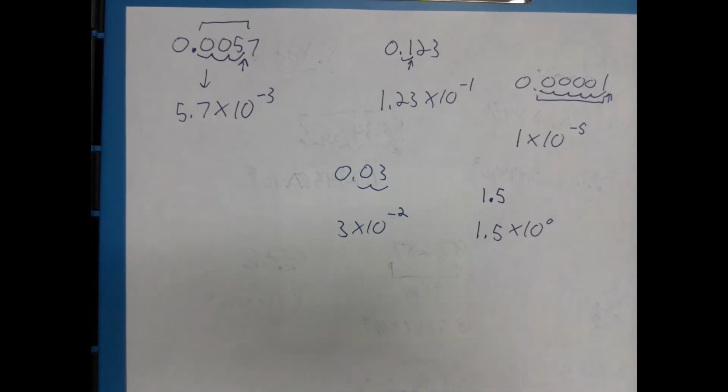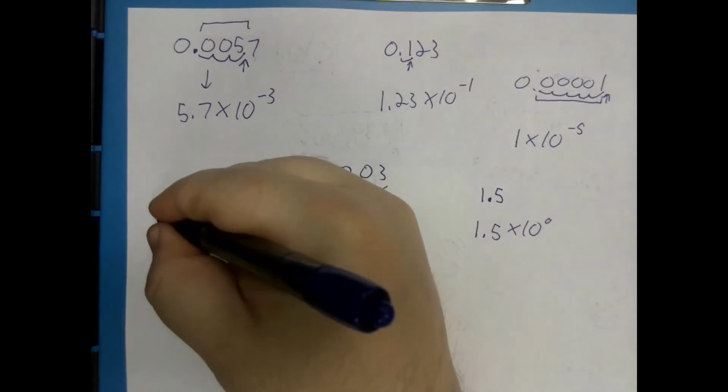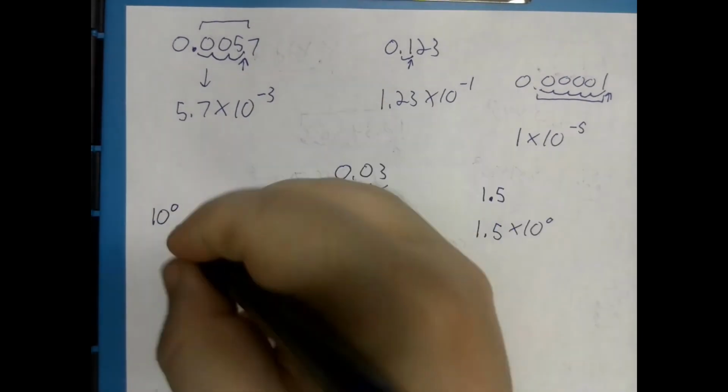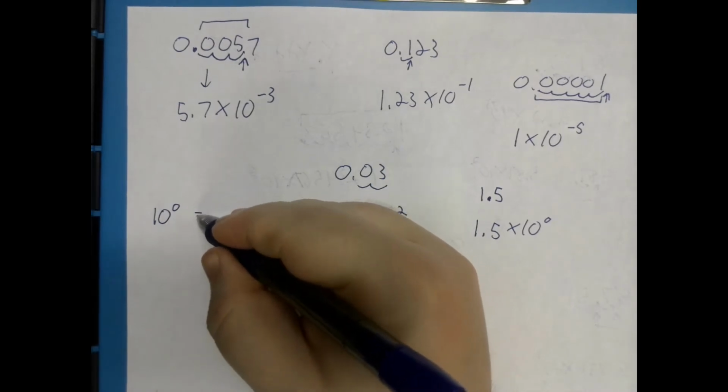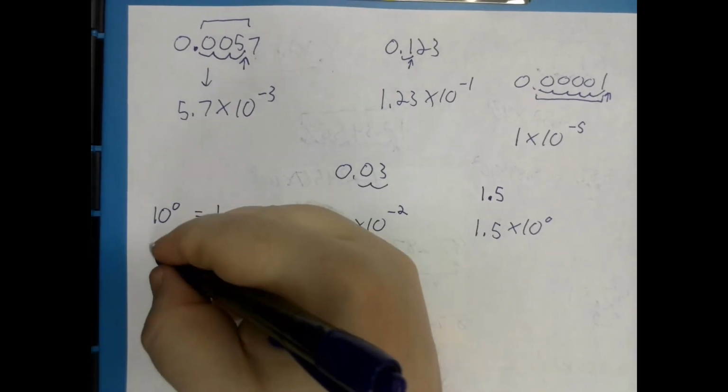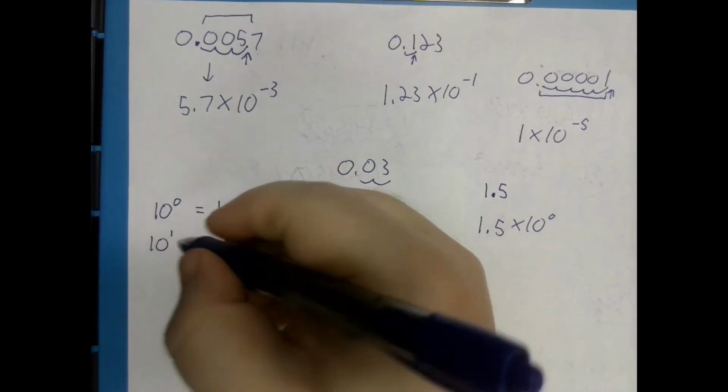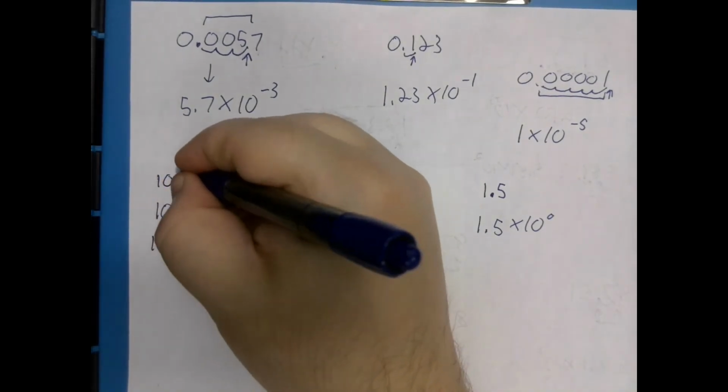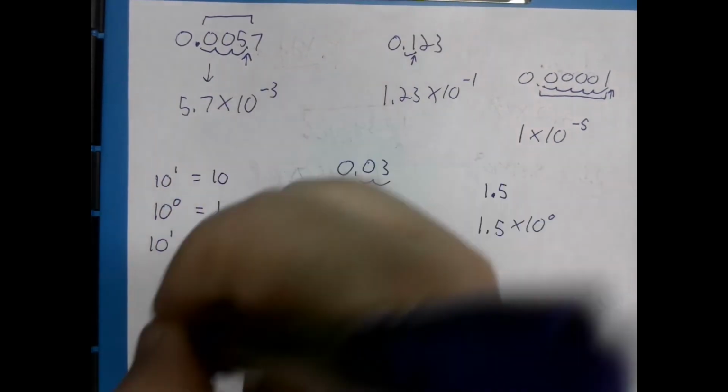By the way, if you don't know how to do exponents, if you plug this into the calculator, 10 to the 0 is literally equal to 1. 10 to the 1 is literally equal to 10.